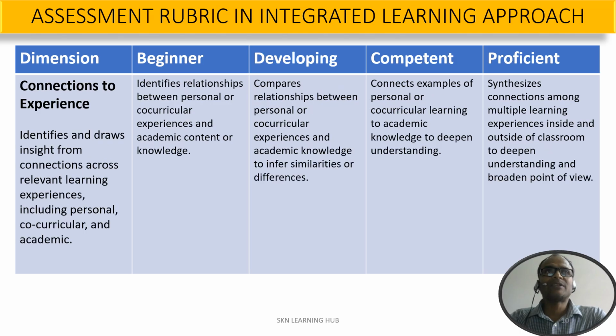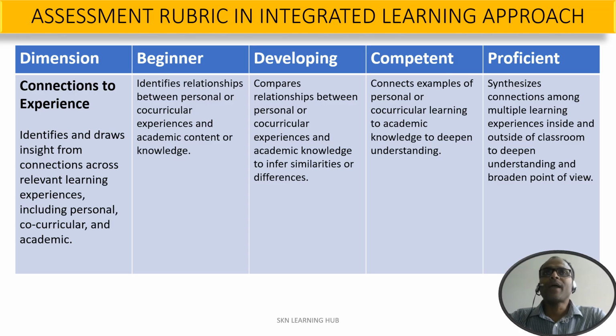The second dimension is connections to experience. The learning outcome is: identifies and draws insight from connections across relevant learning experiences, including personal, co-curricular, and academic. The students who identify relationships between personal or co-curricular experiences and academic content or knowledge will be assessed as beginner.